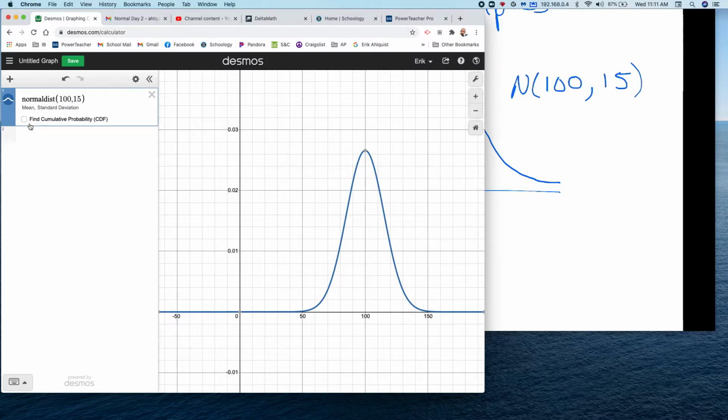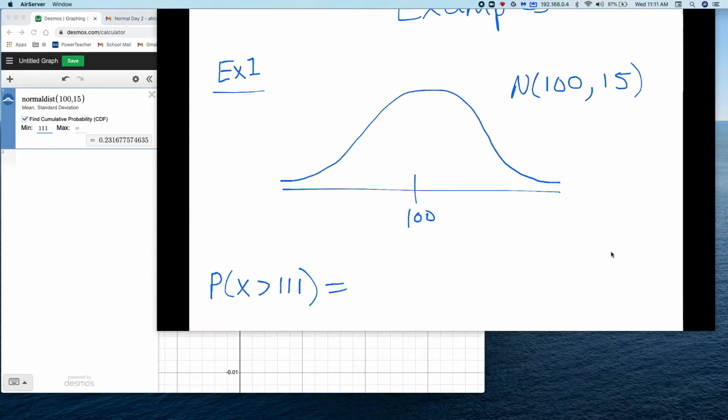We need to know what percentage is greater than 111. So the probability that we're looking for is this grouping out here. That's what was highlighted when we did it on Desmos.